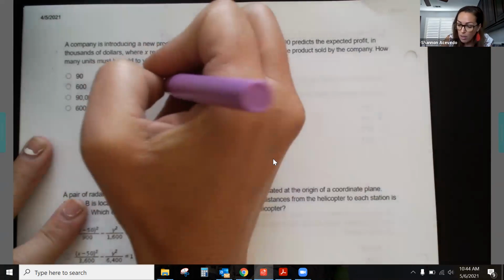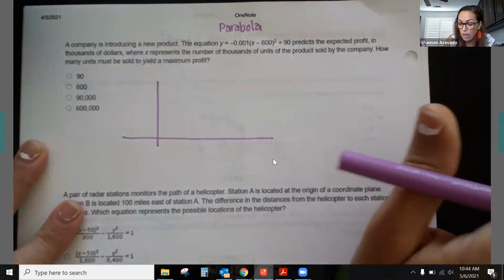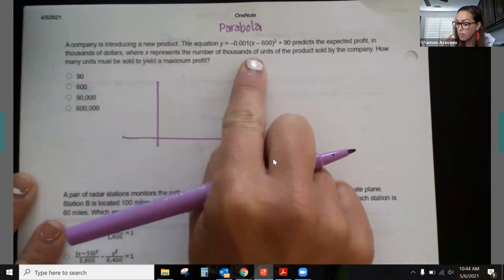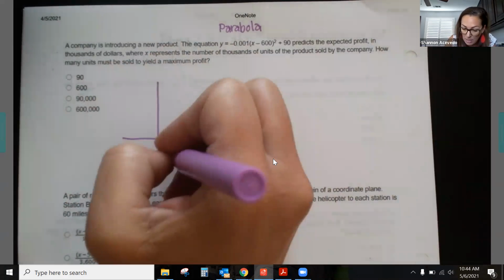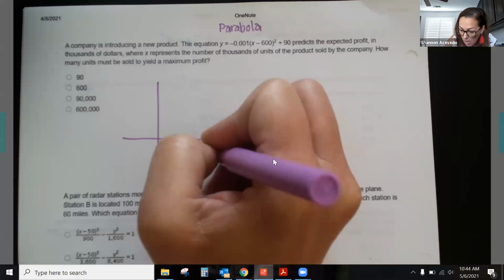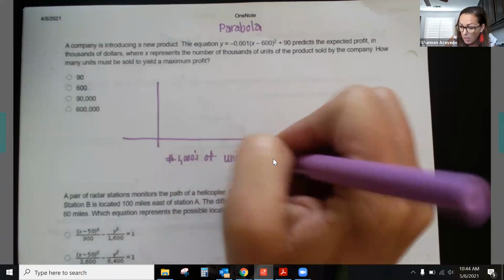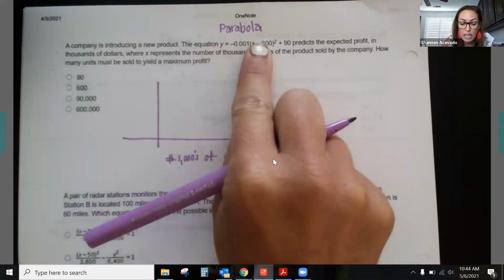Okay, so this is going to be on my coordinate plane, and here's what I know. Here's what I just read. I haven't even gone to the question yet. But X represents the number of thousands of units sold by the product. So my x-axis is going to be the number of thousands of units sold. This equation predicts the expected profit. This is my y equals.